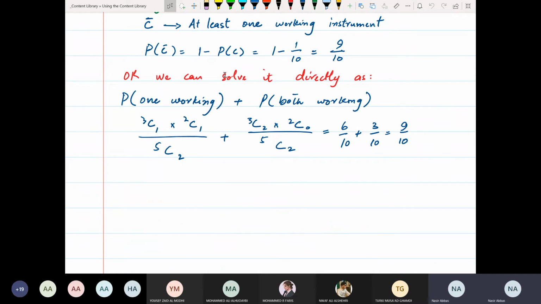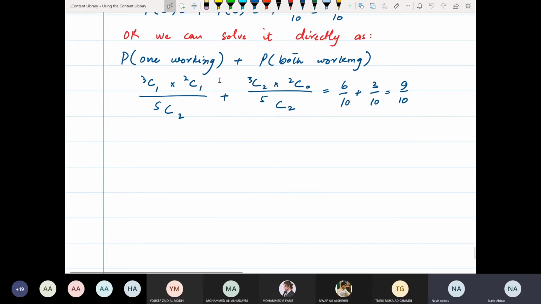Okay, let me continue with the questions. Now, if you look at everything we have done until this point, whether you are picking a single object or more than one object, your interest is either directly in the event or in the complement of an event.